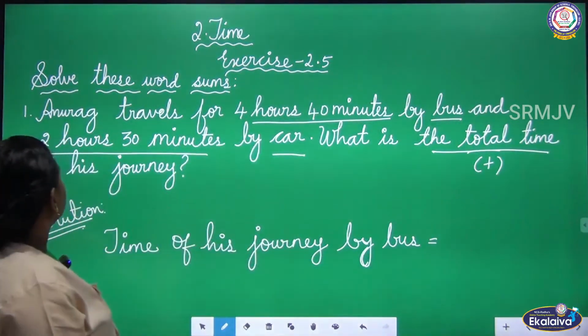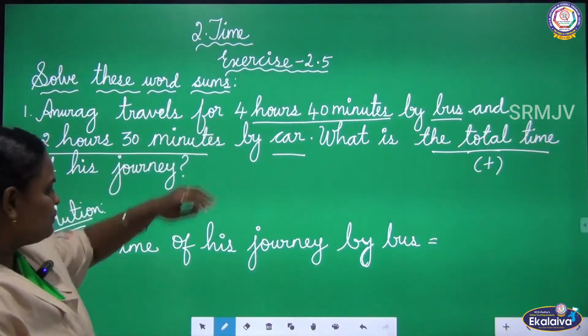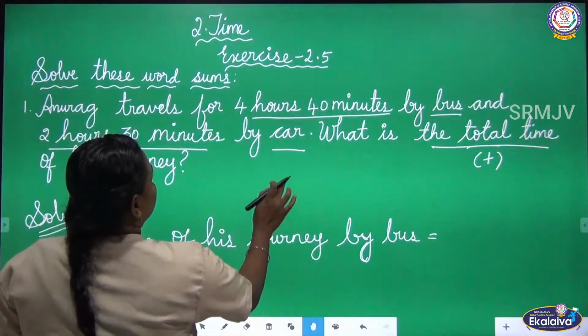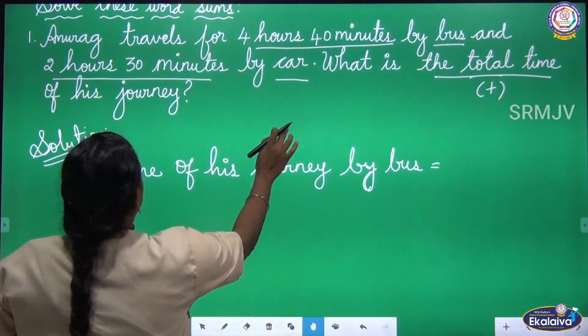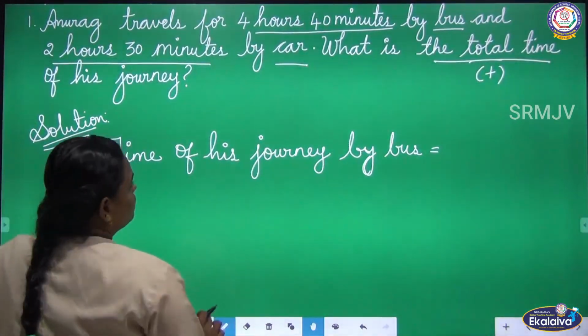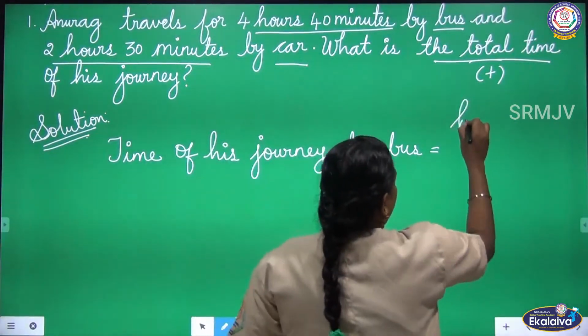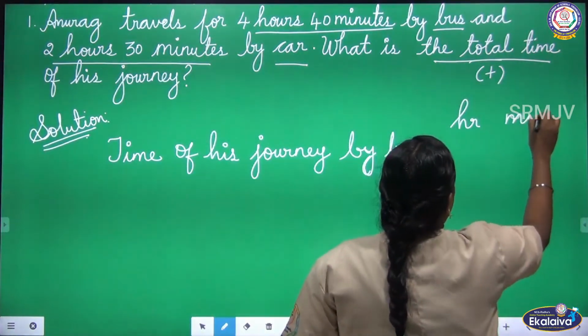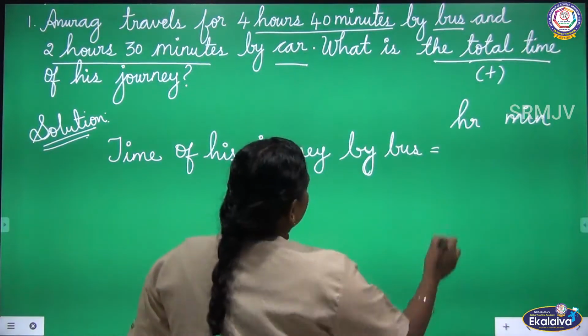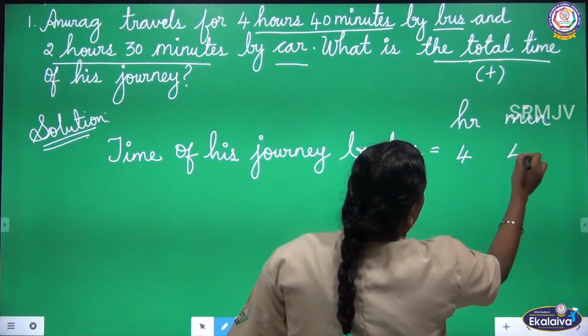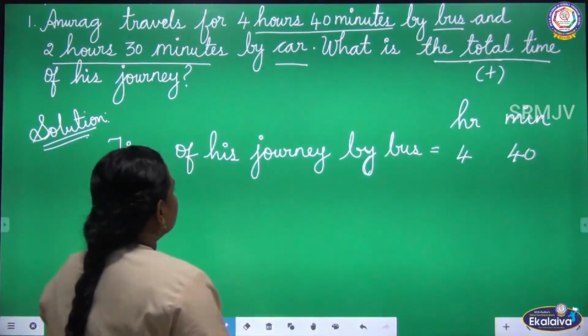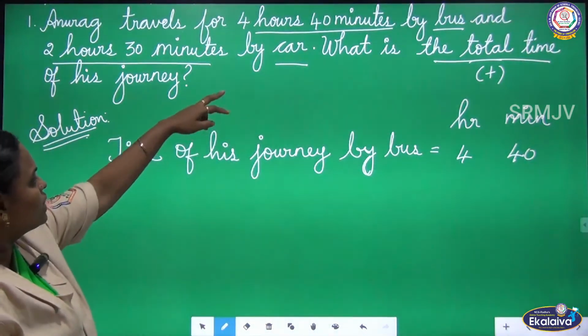So, by bus 4 hours 40 minutes. So, you write hours and then minute. So, how many hours? 4 hours 40 minutes. Next, time of his journey by car.